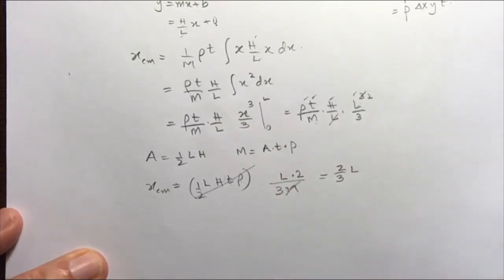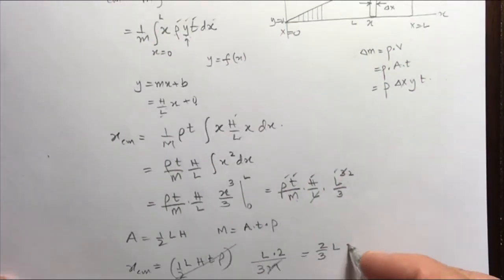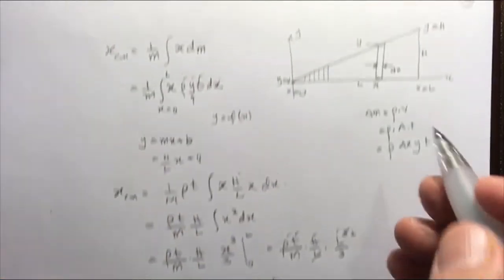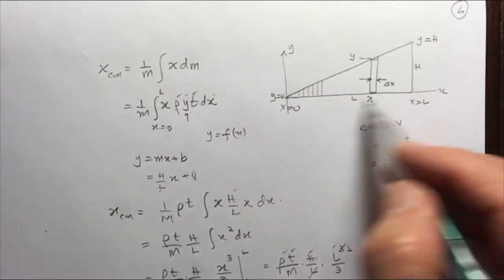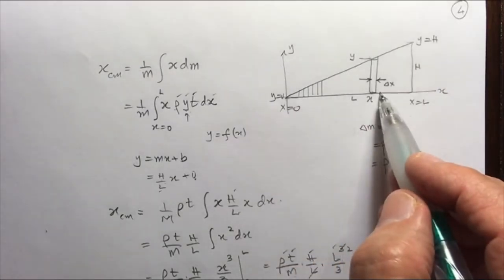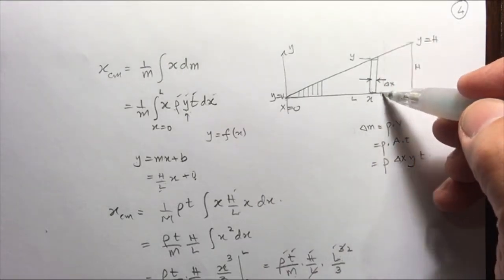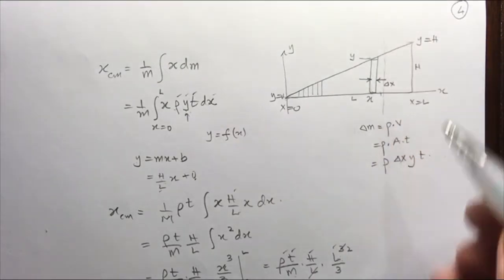Now, that becomes very nice and simple. So the center of mass x is 2/3 L. So in a right triangle, the center of mass is 2/3 of L. So that's L, and that's 2/3 of L. You draw a line here, it's somewhere along that line.